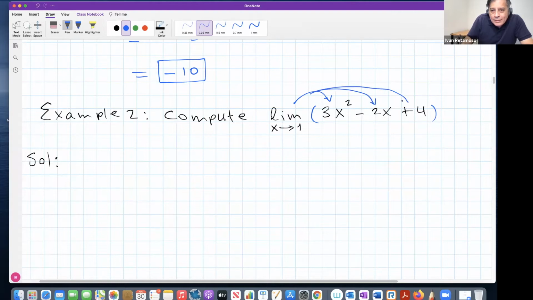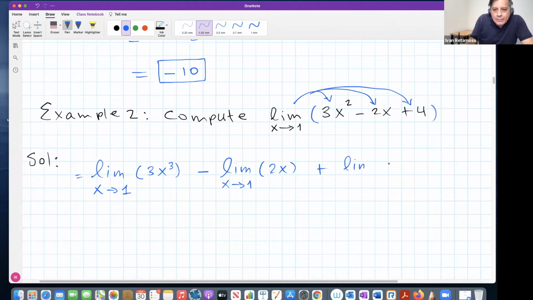There's a difference, there's a sum here. We know that limits behave very nicely over sums and differences. So this should be equal to the limit as x approaches 1 of 2x plus the limit of this constant function 4 as x approaches 1.